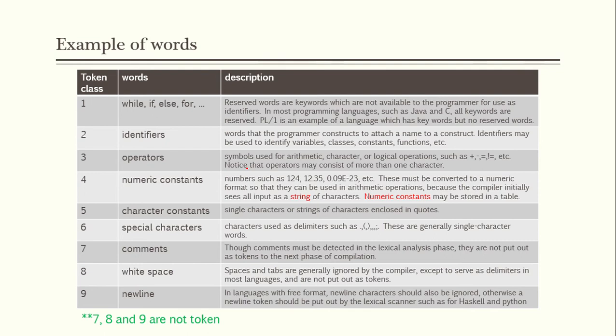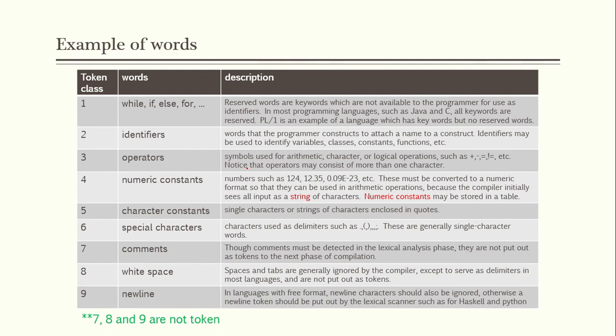The fourth class is a numeric constant, so numbers such as 124, 120.35. Bear in mind that when you do lexical analysis, we assume all input is a string or a character.